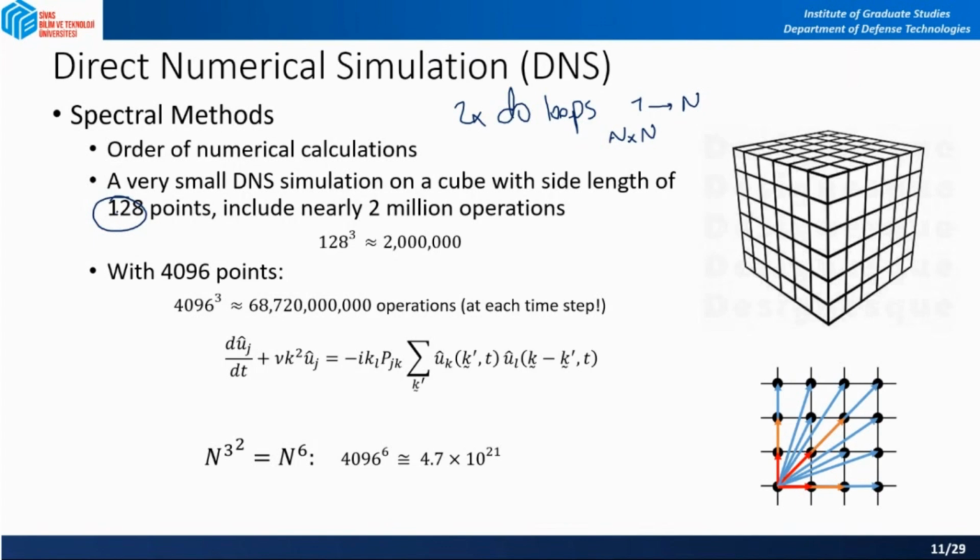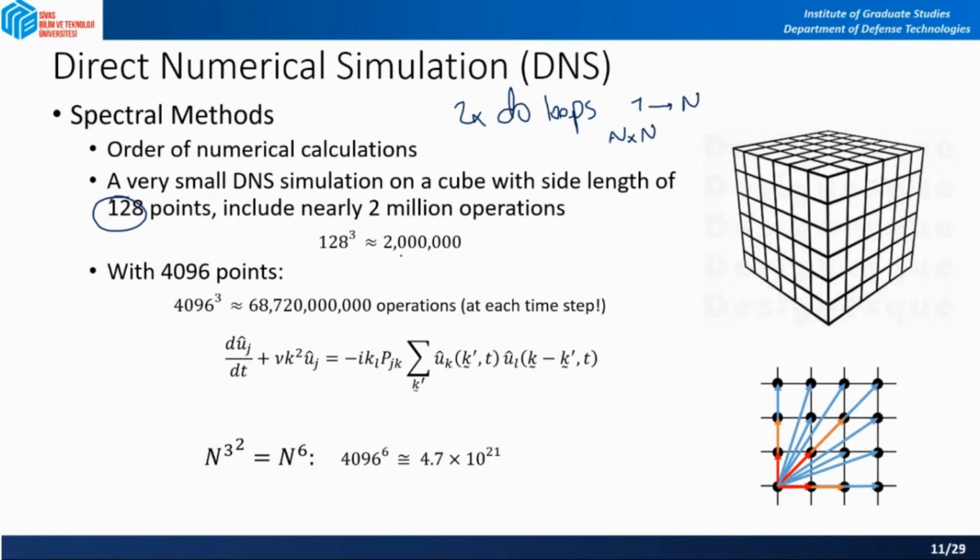And these 128 points can capture only very small Reynolds numbers. If you want to go to higher Reynolds numbers to resolve more scales in the domain, you have to increase the size. Every time you increase it, for example, here you have 128 to the power of 3, which is approximately 2 million.